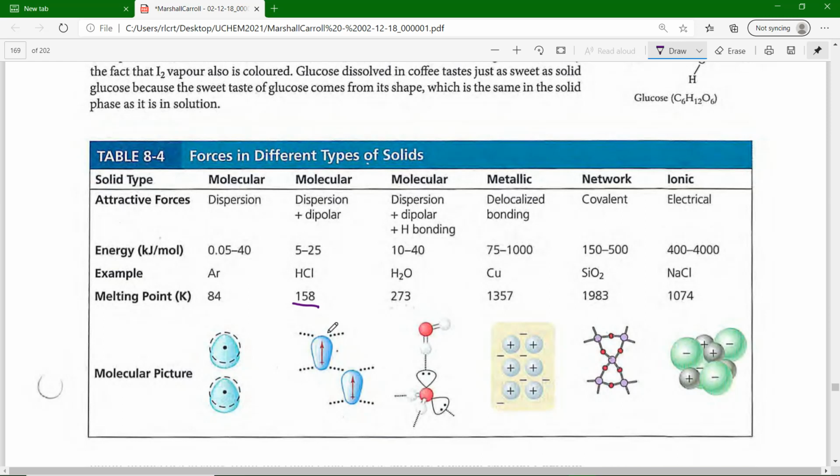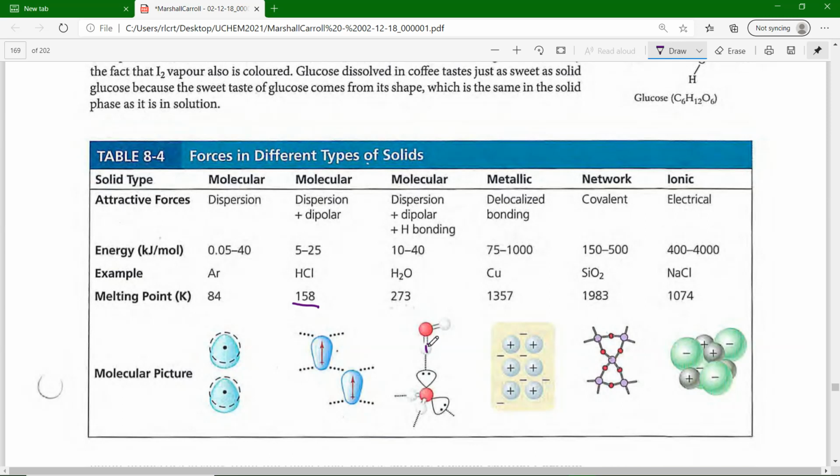So if you have a molecular solid, it's going to have dispersion in it, but if it's also a permanent dipole interacting with another permanent dipole, you will have a stronger intermolecular force of attraction, more energy involved. You can also have a molecular solid where you've got dispersion and dipolar, but the dipolar is the hydrogen bonding variety, right? So water, ice. So you're going to have your hydrogen bonding.